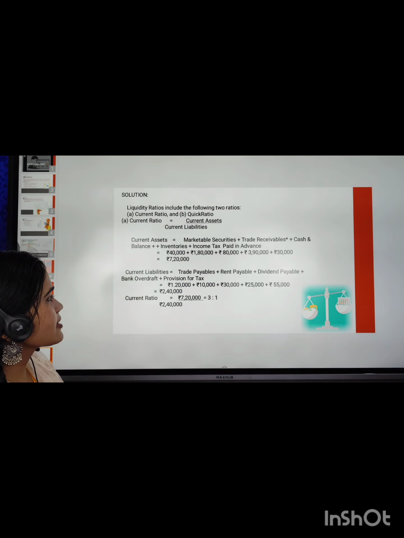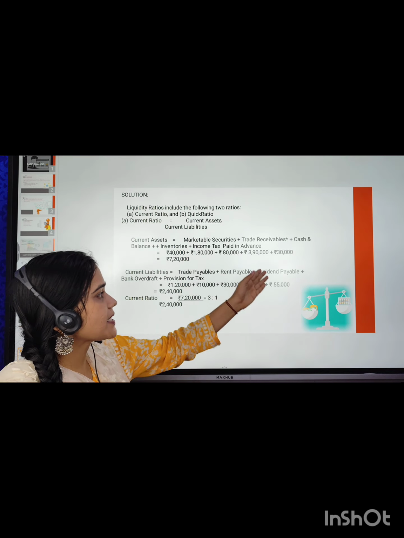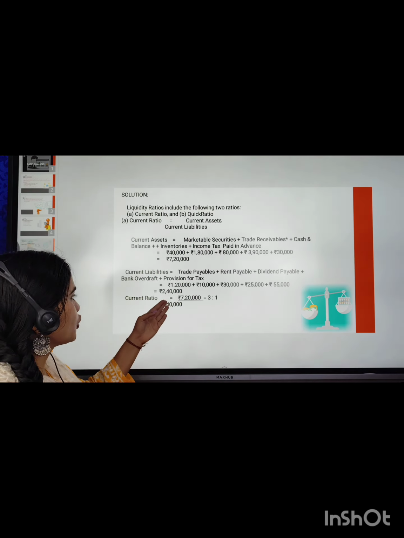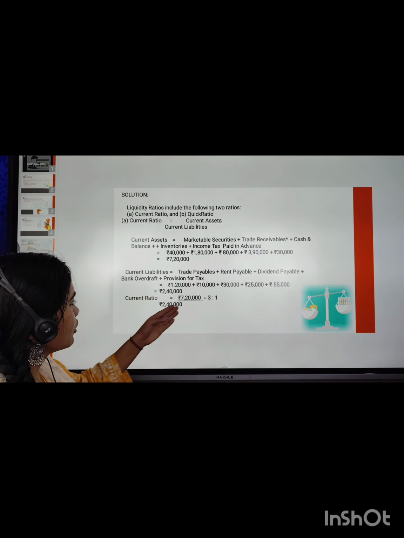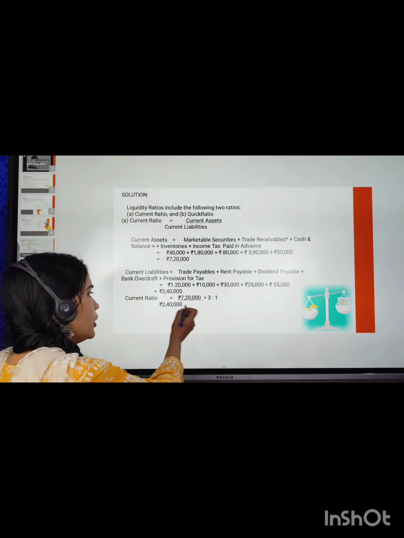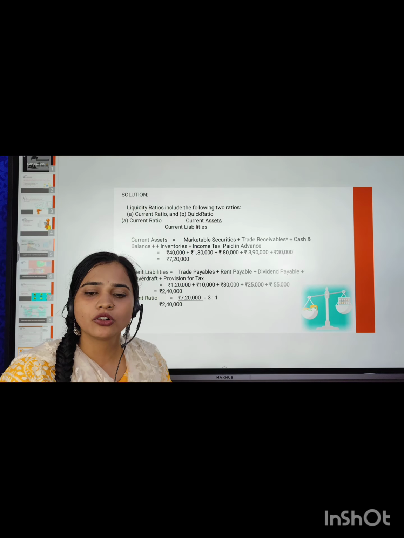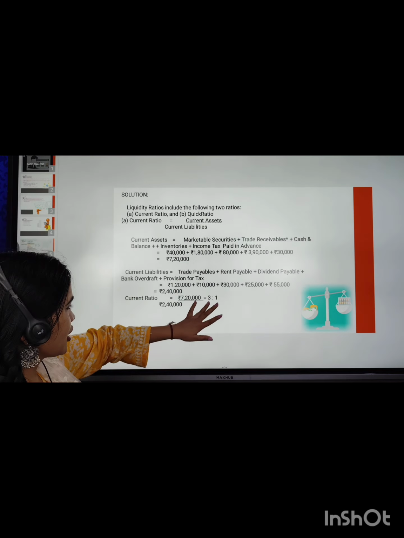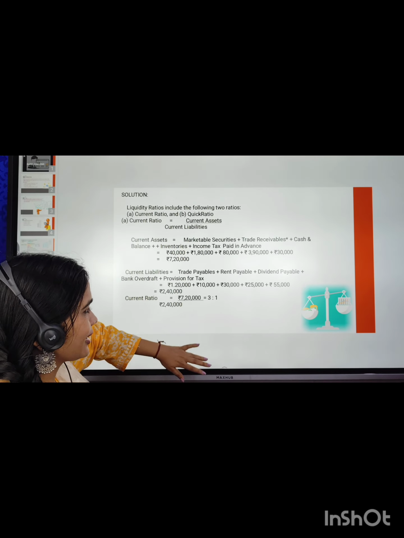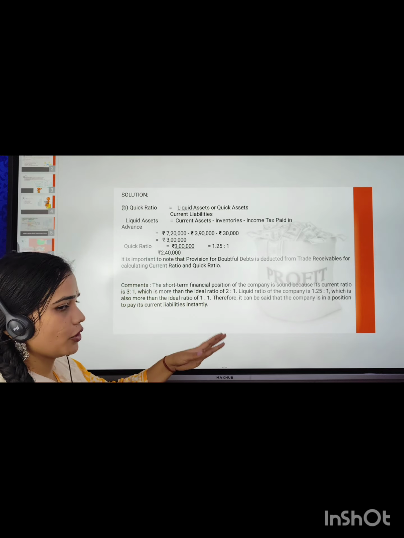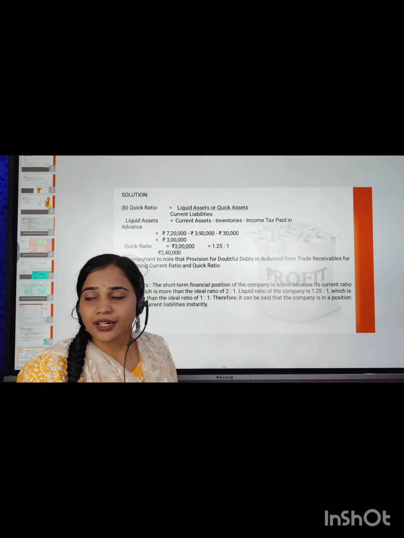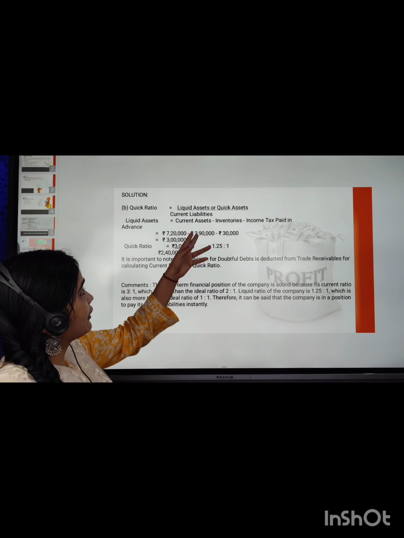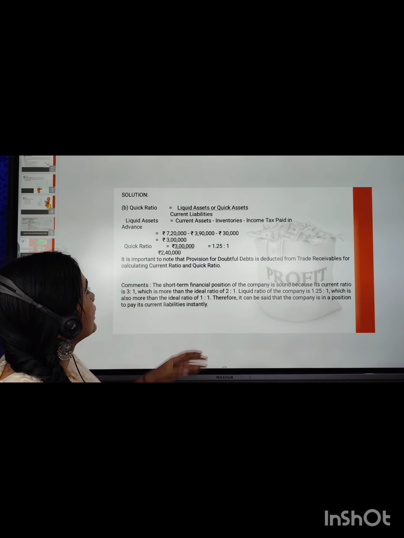And current liabilities, trade payables plus rent payable plus dividend payable plus bank overdraft plus provision for tax, that is 2,40,000. So current ratio is 7,20,000 upon 2,40,000, that is 3:1. So we won't consider it an ideal ratio because we know the ideal current ratio is 2:1.